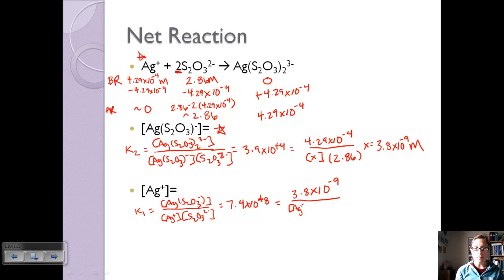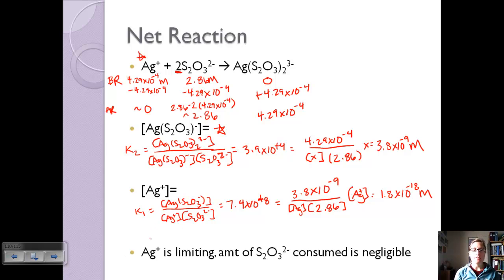Silver is what we're solving for, and our S2O3 was our 2.86. And so if we solve for the Ag+, that gives us 1.8 times 10 to the negative 18. So very, very small. So here saying it was approximately 0 is really not that far off, but this is the actual concentration.